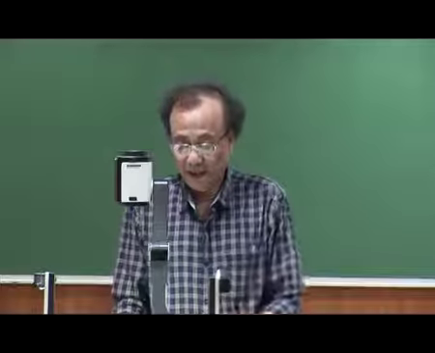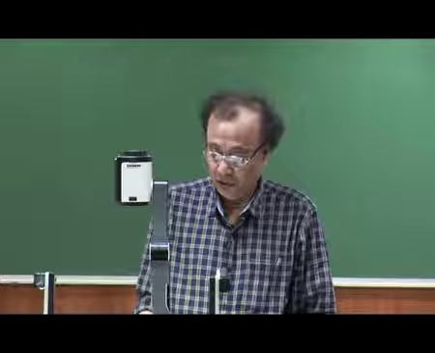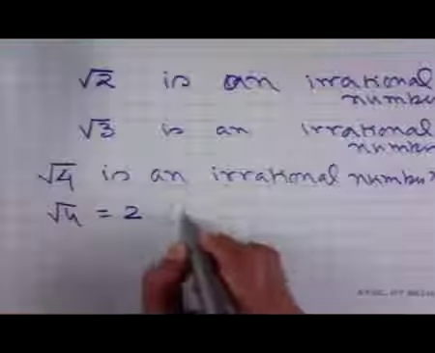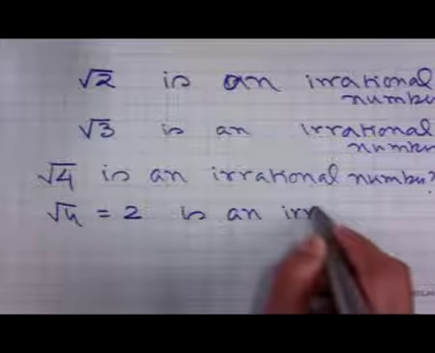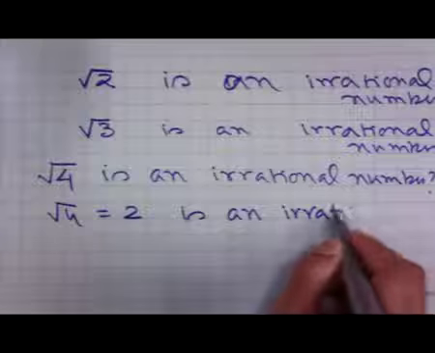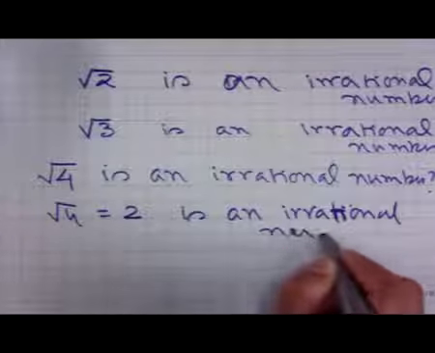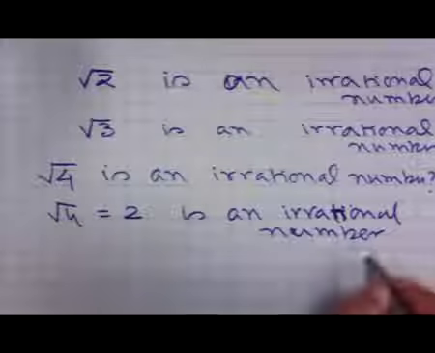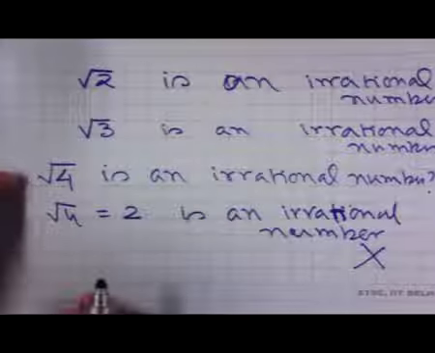So, by inductive reasoning, if one tries to come to the conclusion that root 4, which is equal to 2, is an irrational number, that is not correct, right. So, everywhere this type of reasoning does not work.